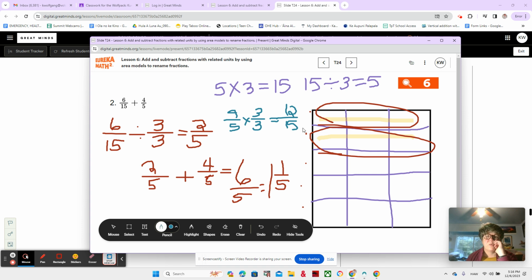And then I could add 12/15 and 6/15, and I'd have 18/15. 18/15, is it still going to come down? 15/15 is the same as 1, and 3/15.